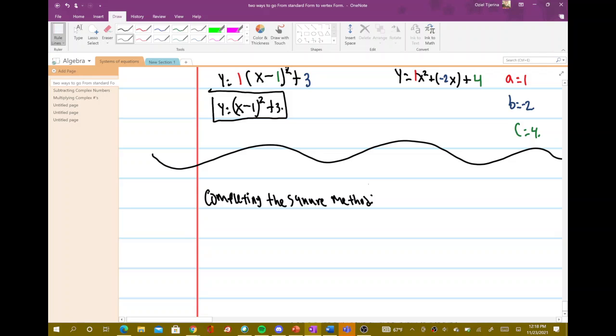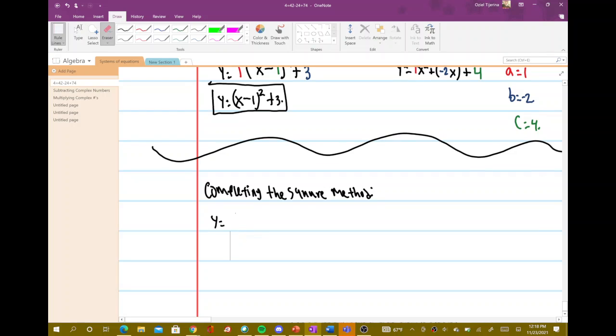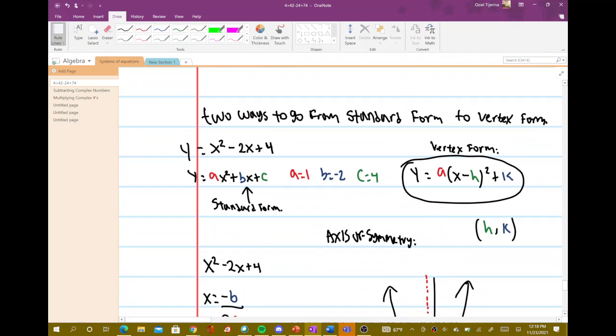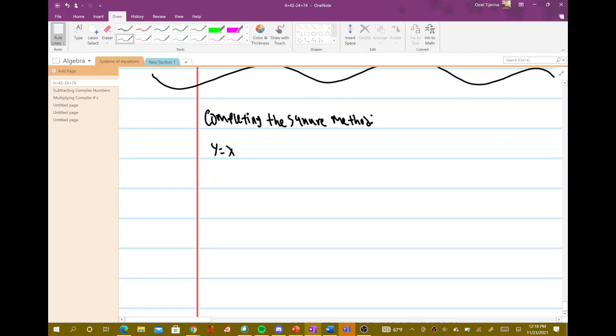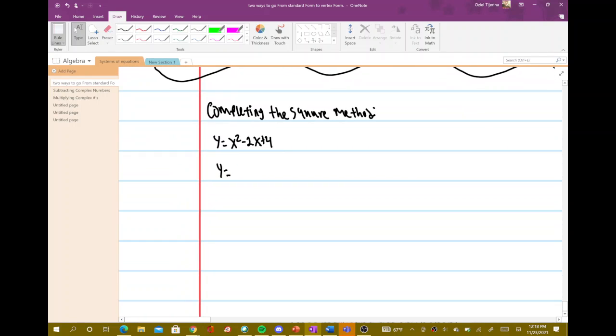Okay, so we have y equals x squared minus 2x plus 4, right? What we're gonna do is set this equal to 0.